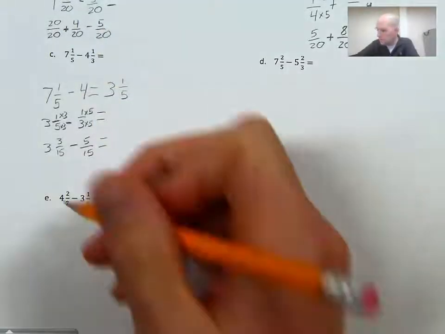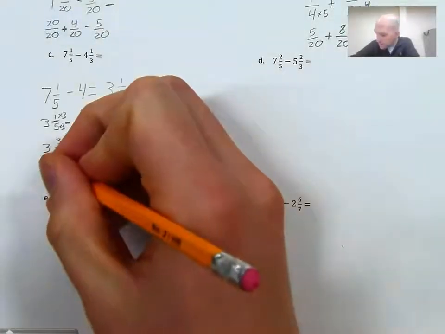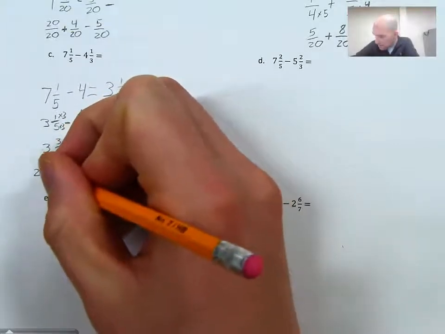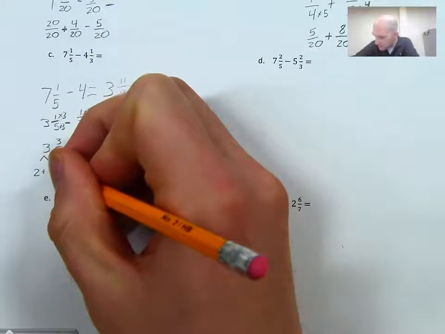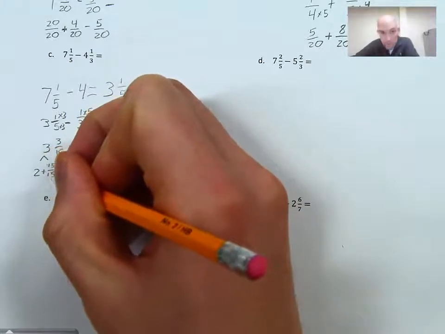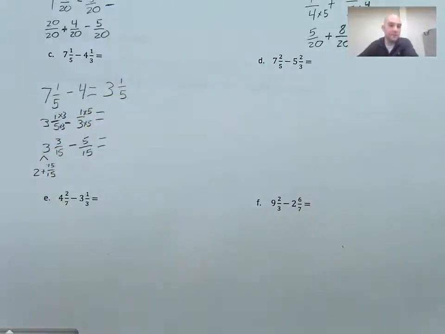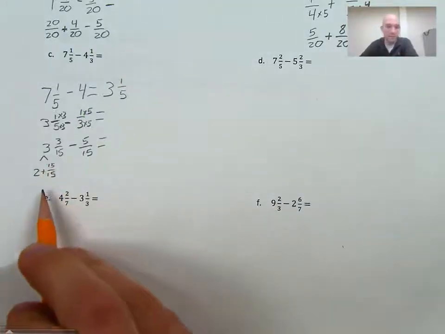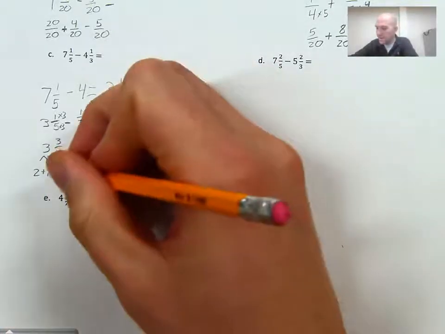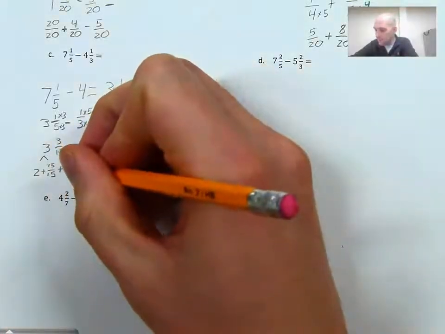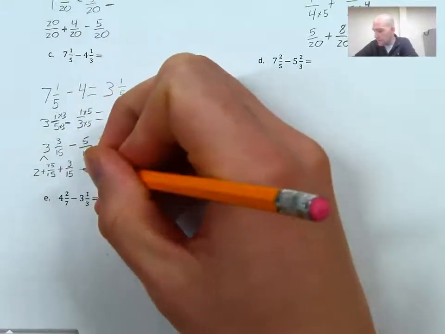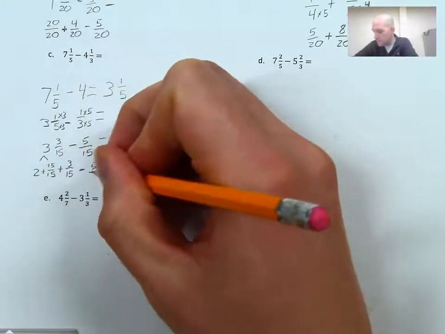So what I'll do is I can really make this 3 into 2 and plus 15/15. 15/15 is the same as 1. So 3 and 2 and 15/15 are equivalent. And then I need to add my 3/15 that I already had. And I'm going to subtract 5/15.